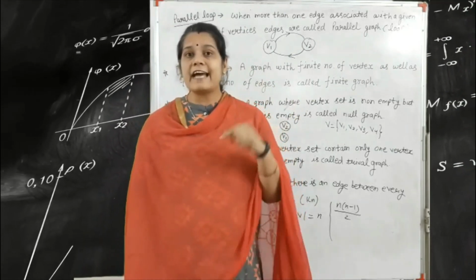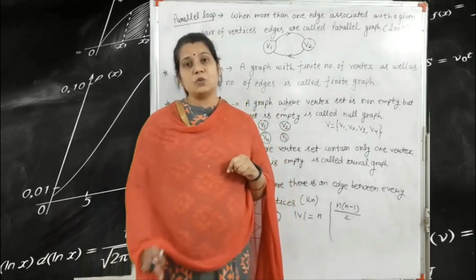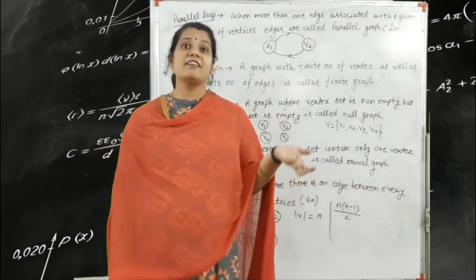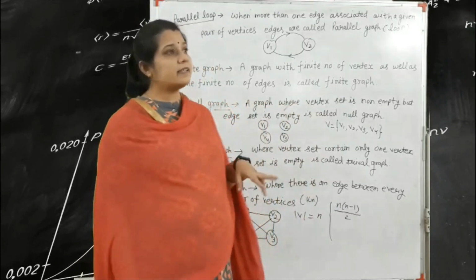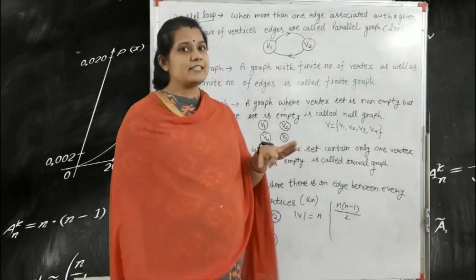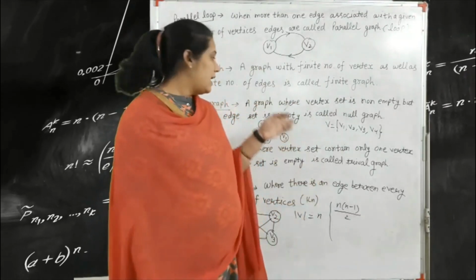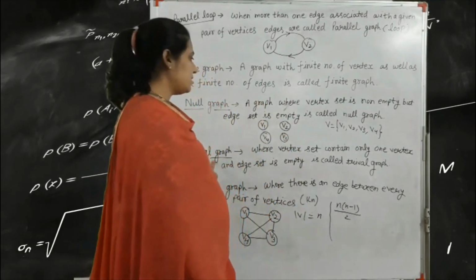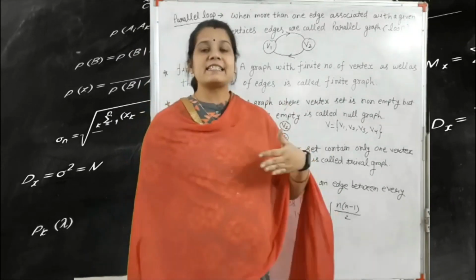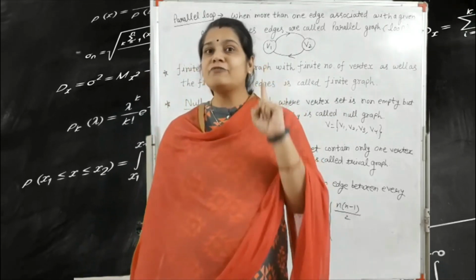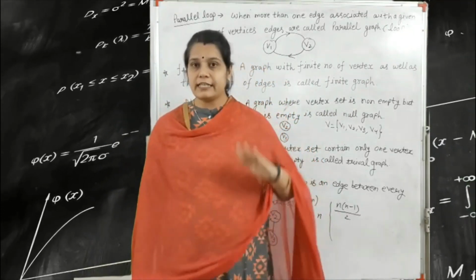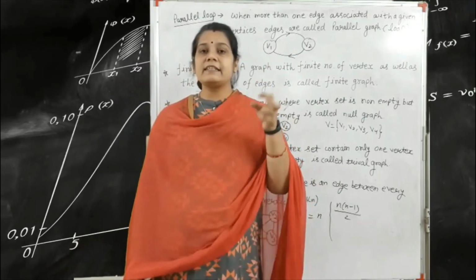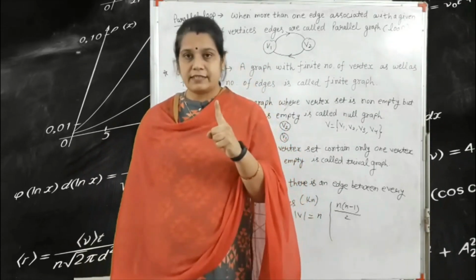Got it? Next one is the triangle graph. So what is the difference between the null graph and the triangle graph? In the null graph the vertex set is non-empty and the edge set is empty. In the triangle graph, listen carefully here, the vertex set contains only one vertex.